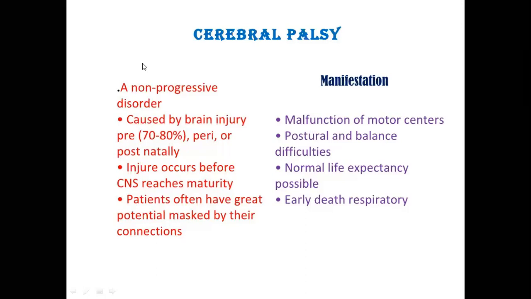It is non-progressive. Whatever damage occurred during delivery, at the time of birth, no damage will occur beyond that. The brain is injured before the CNS reaches maturity, and the patient has problems in walking and sitting, with muscular problems. Posture and balance won't be there, and in this case, along with medicine, physiotherapy is required.